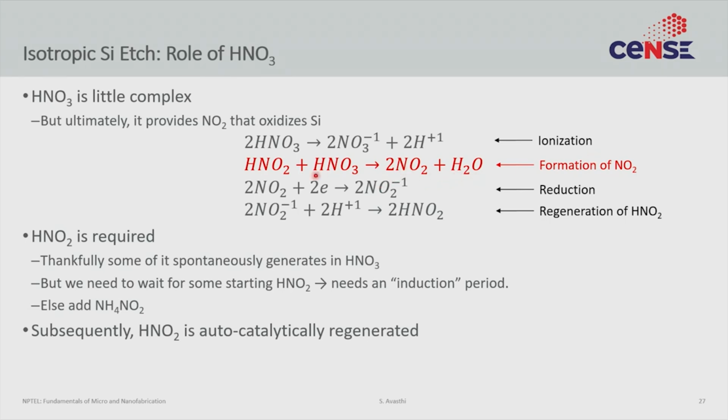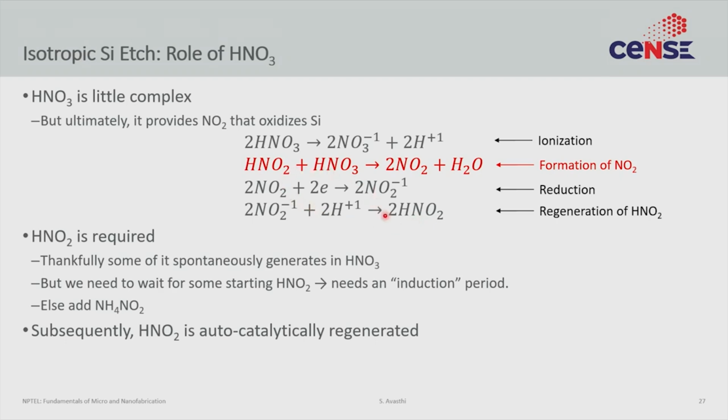As we discussed, this NO2 actually gets reduced to form NO2 minus ions. This we have seen in the previous slide. And finally, this NO2 minus reacts with the hydrogen ion from the ionization reaction to form HNO2. Now, if you have been keeping track, you would realize that we started with one HNO2 molecule, but we ended up with two HNO2 molecules.